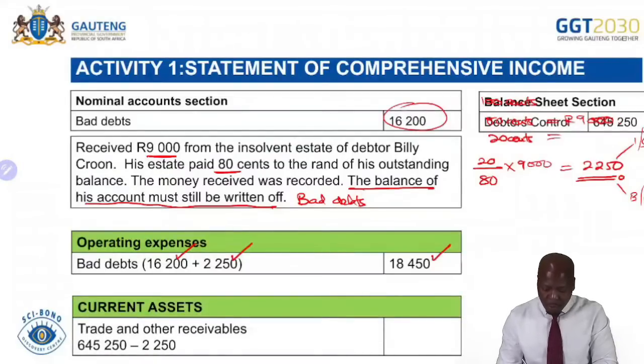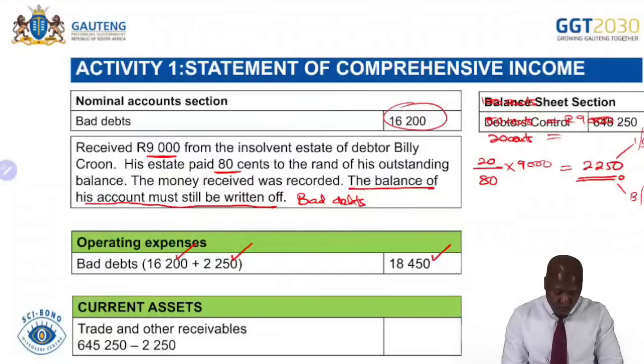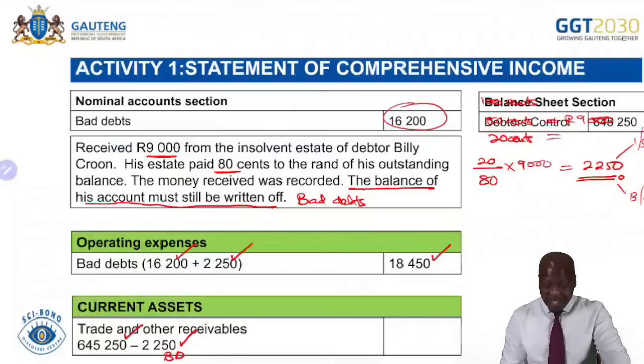This is how it's going to affect. I have my debtors control, which is 645,250, and then I'll come and subtract the 2,250, which is my bad debts. Okay, next adjustment. Let's go.